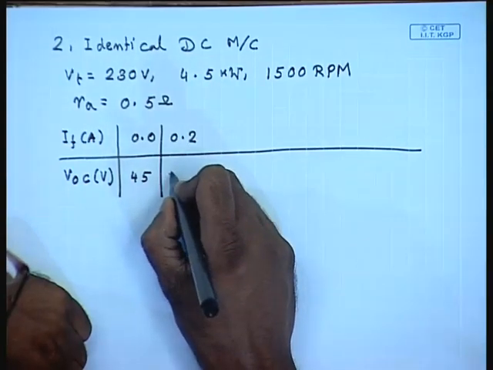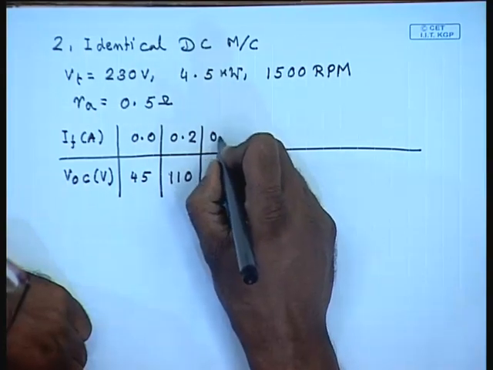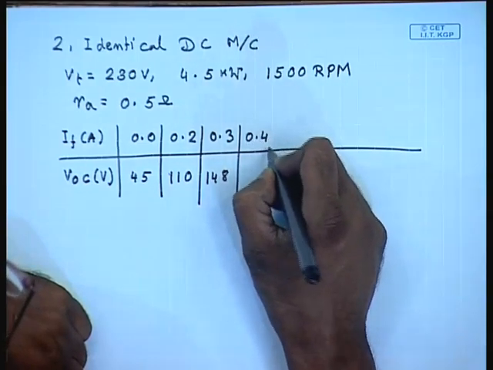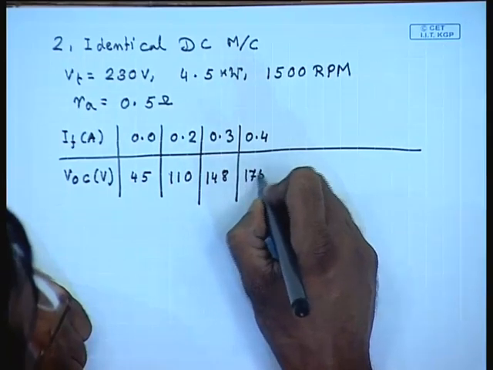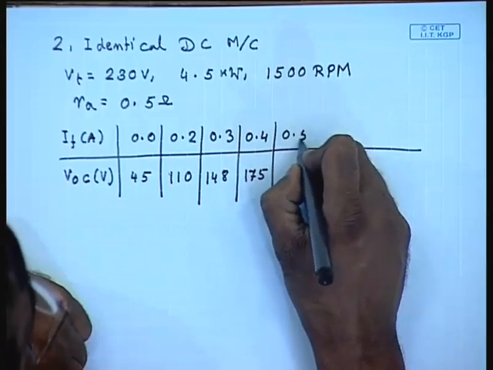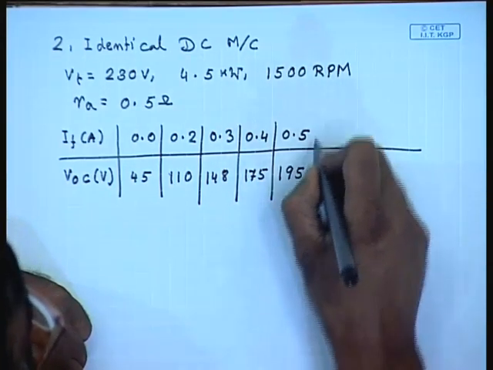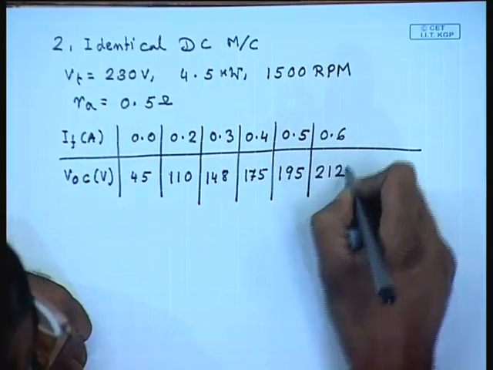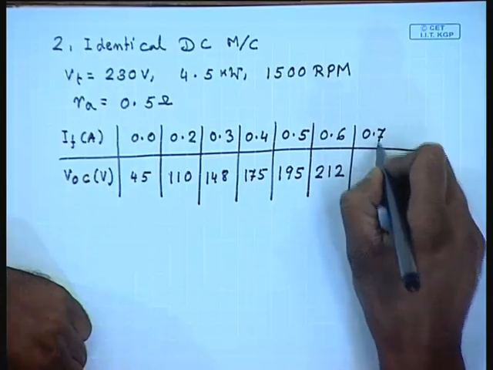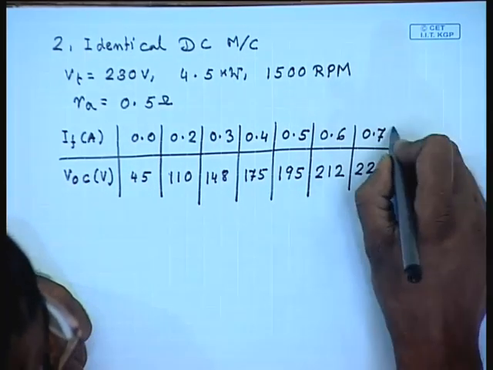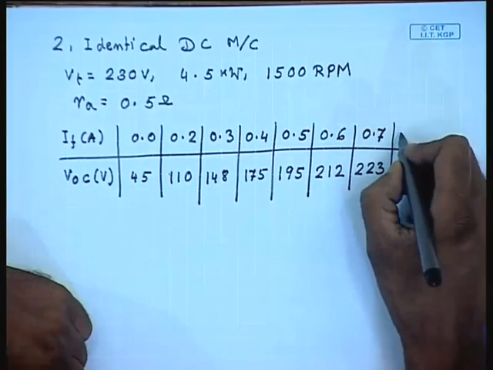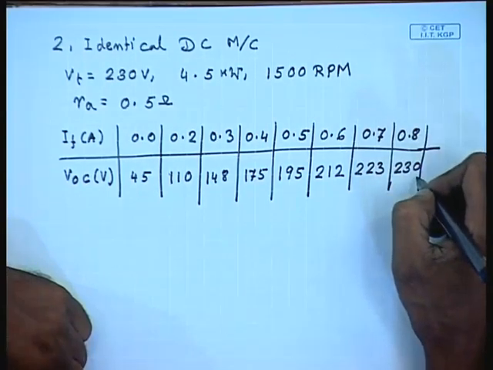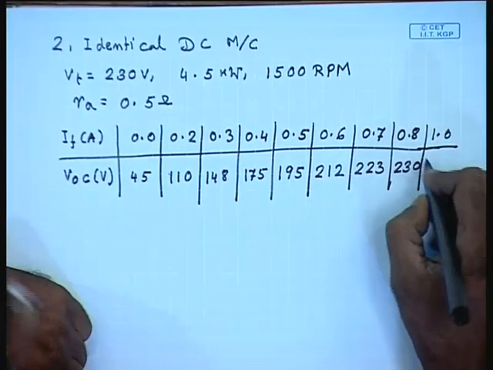At 0.2 ampere, there is 110 volts; 0.3 amperes, 148 volts; 0.4 amperes, 175 volts; 0.5 amperes, 195 volts; 0.6 amperes, 212 volts; 0.7 to 23 volts; 0.8 to 30 volts; and 1.0 to 41 volts.